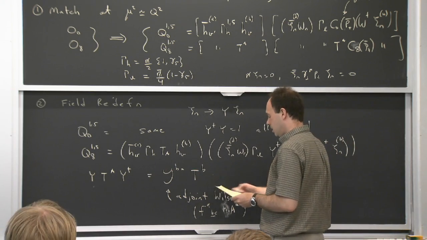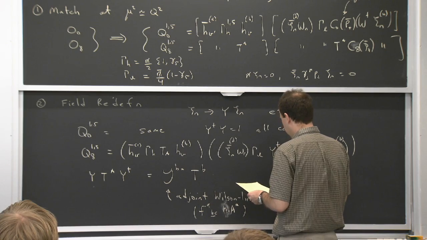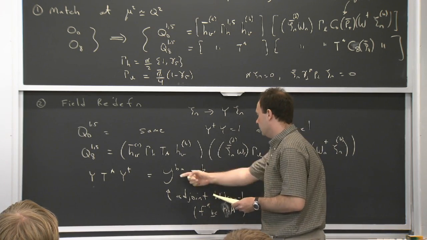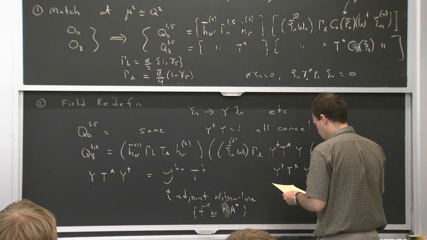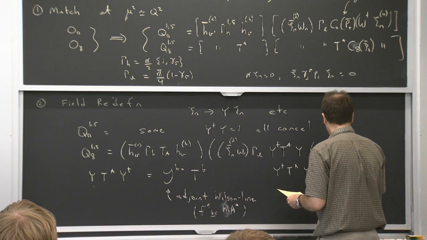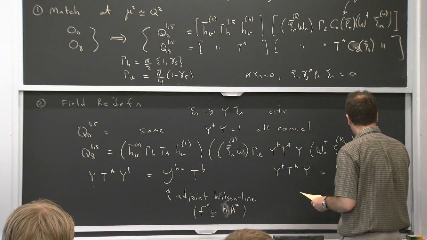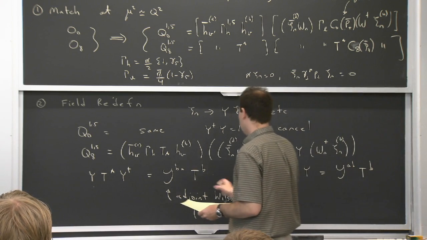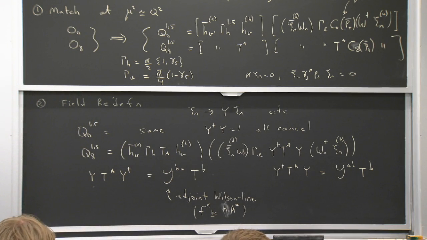Because of this identity, you can also write down another identity, which is y dagger TA y. This is just the other YB, an orthogonal matrix, TB. So if you reverse the indices, then you get the opposite way.